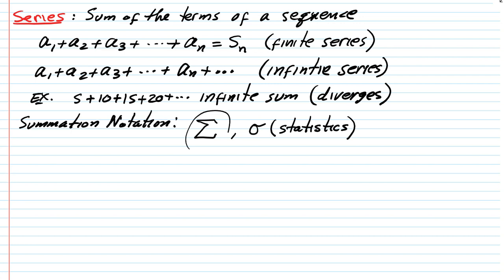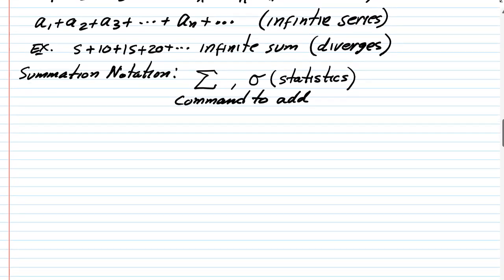The one we are focusing on is capital sigma. The sigma is what we call a mathematical operator. And the sigma is simply a command to add. That's what that is. The capital sigma. This is the one we're dealing with, not this one. Okay? So that's a command to add. Now, what do I mean by a command to add?